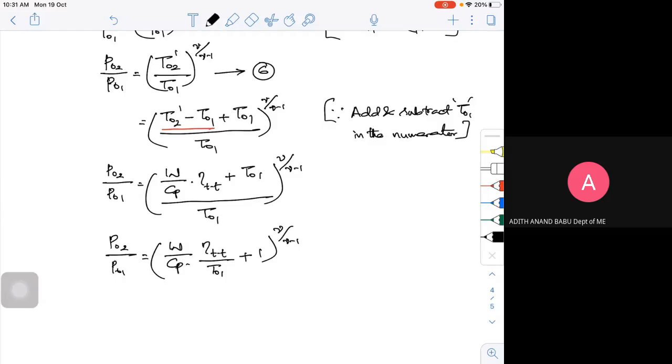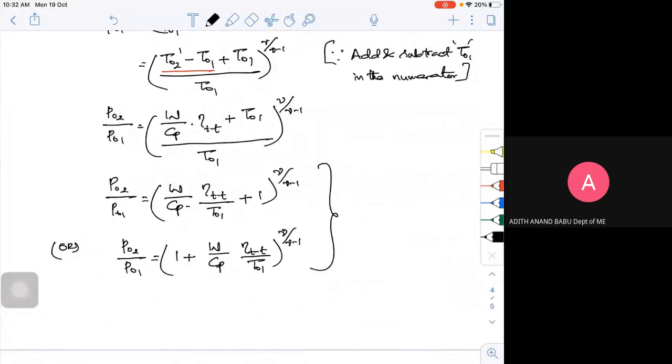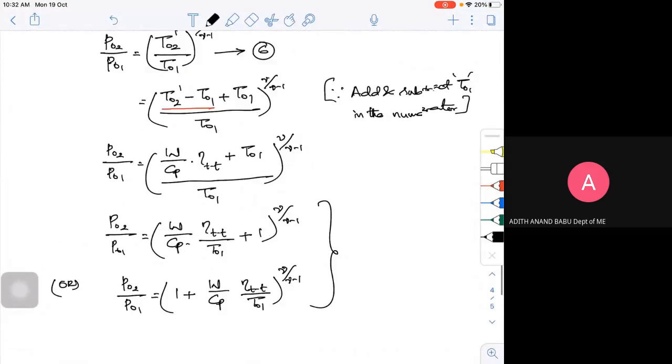Few books give this expression as P naught 2 by P naught 1 is equal to 1 plus W by Cp into total to total efficiency divided by T naught 1, to the power of gamma by gamma minus 1. Both expressions are fine. I am calling this expression number 7.